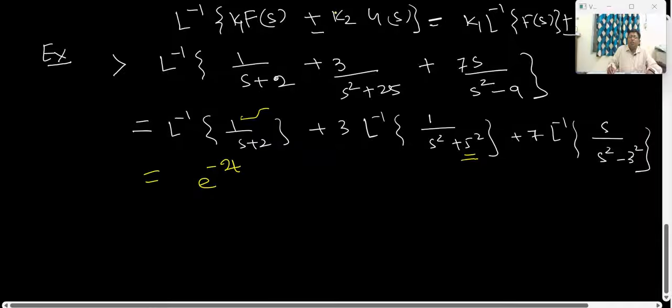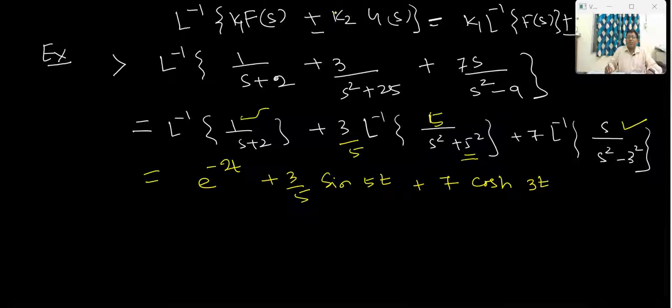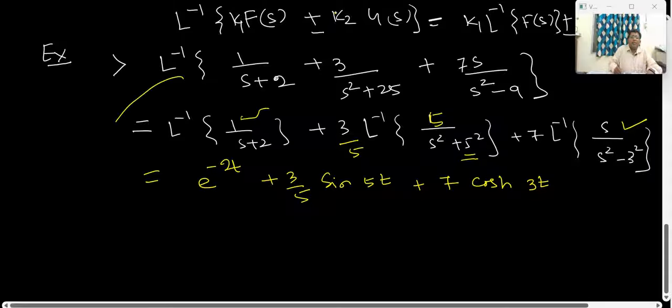Omega is 5 here, so we need to multiply by 5 and divide by 5. Then it is 3 by 5 sine of 5t. Now plus 7, and s by s square minus 3 square is directly cos hyperbolic 3t. Accordingly you apply the linearity property. Once you are expert, you can omit the second step and directly read it from the first step.